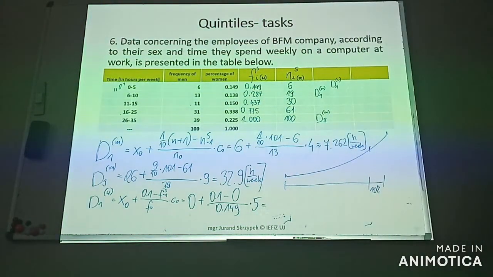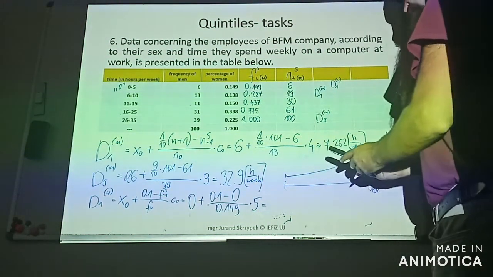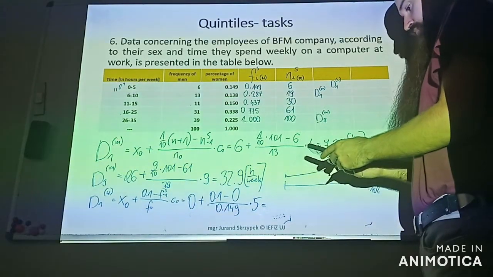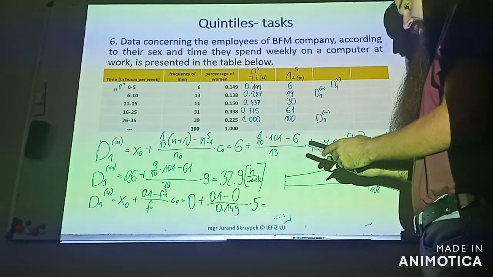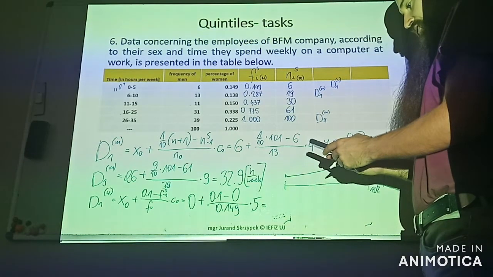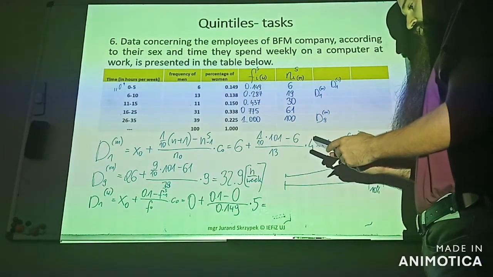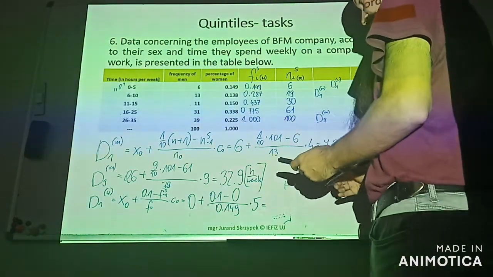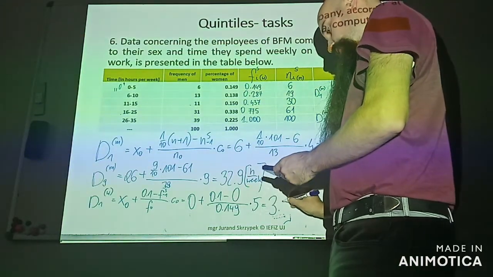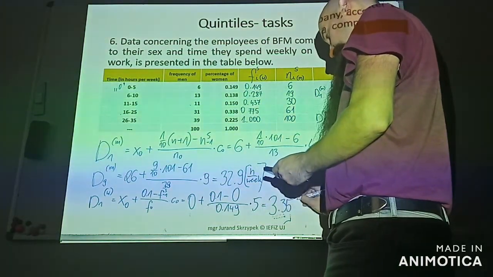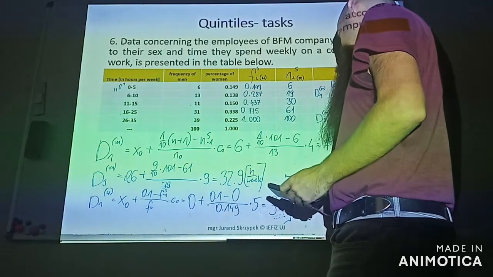So take the calculator: 0.1 divided by 0.149 multiplied by 5 gives us 3.356 hours per week.